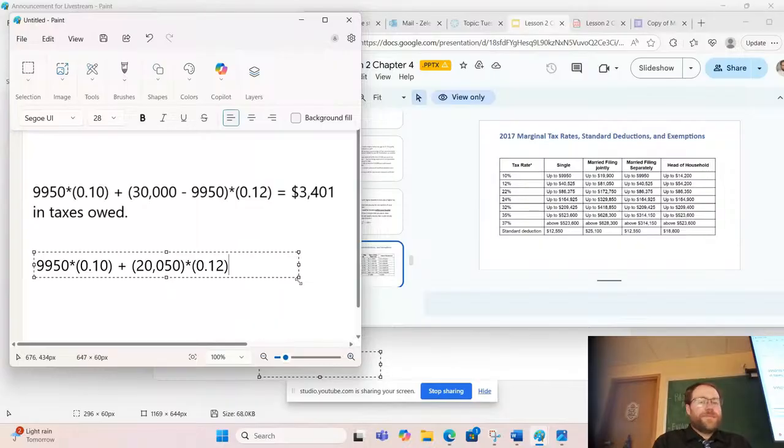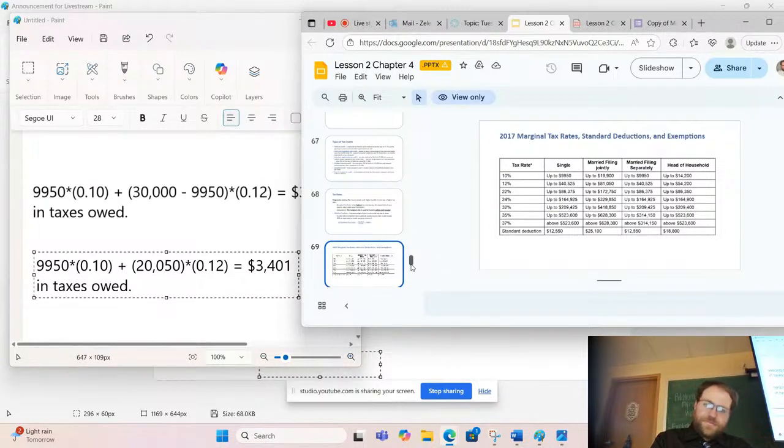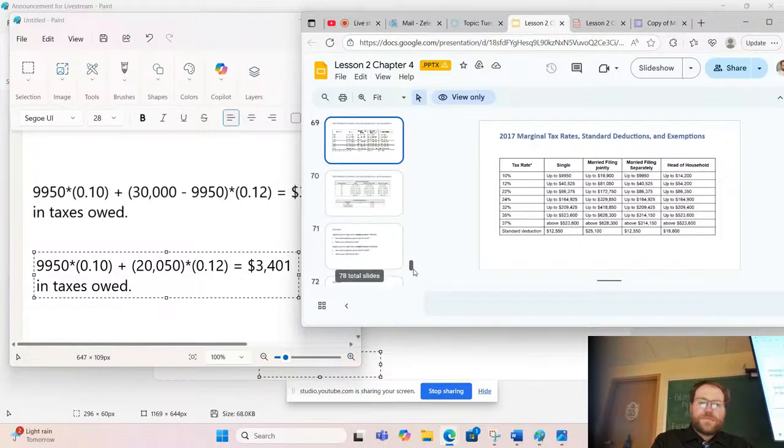Yeah, that's what I got. Okay. That's just to give you an example of how that works with that table there.